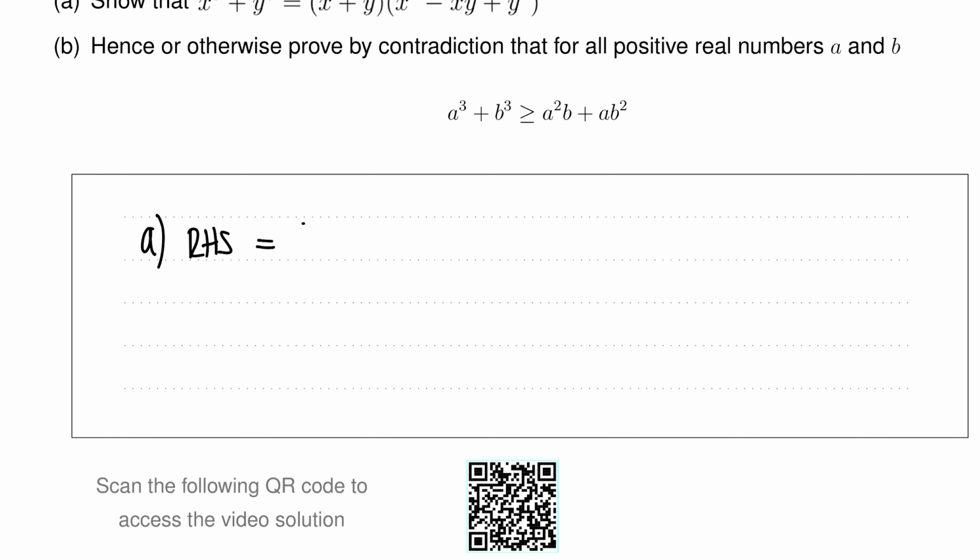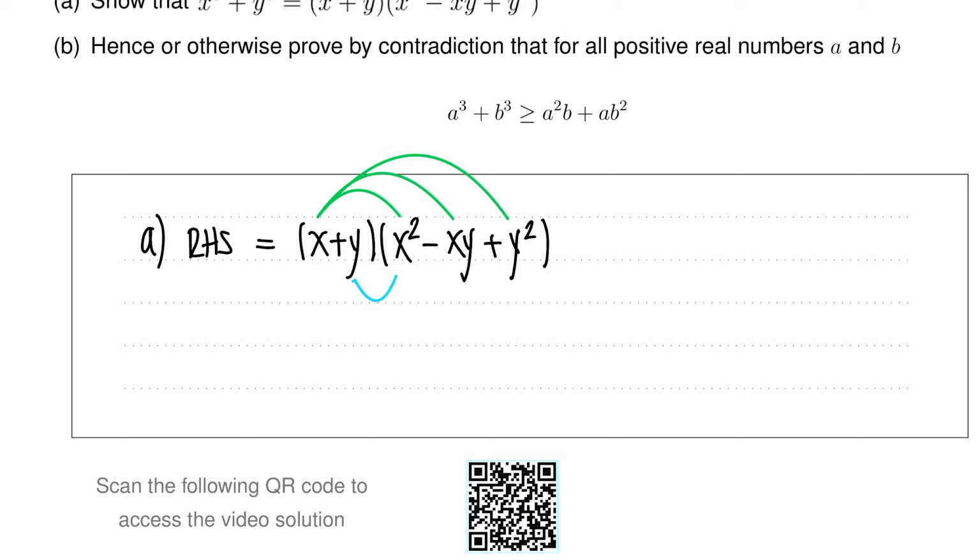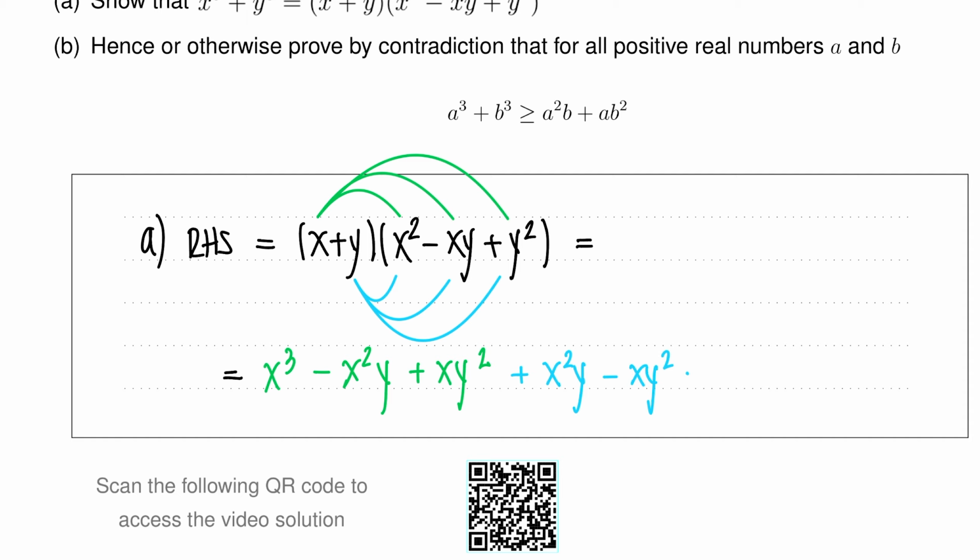On the right hand side, we have x plus y, x squared minus xy plus y squared. Now we are going to FOIL it or use the distributive property to expand this product of terms, which will give us x cubed minus x squared y plus xy squared plus x squared y minus xy squared plus y cubed.